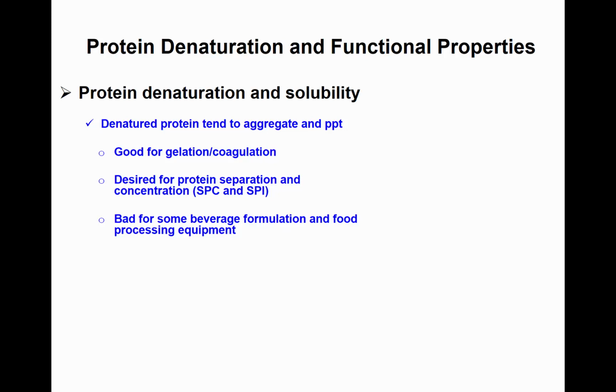Okay? But if we induce denaturation under a controlled mechanism, so controlled temperature and controlled rate of the temperature, we don't increase the temperature too fast. We gradually increase the temperature and gradually promote denaturation. Then we enhance other functionalities like gelation. Thermally induced gelation.